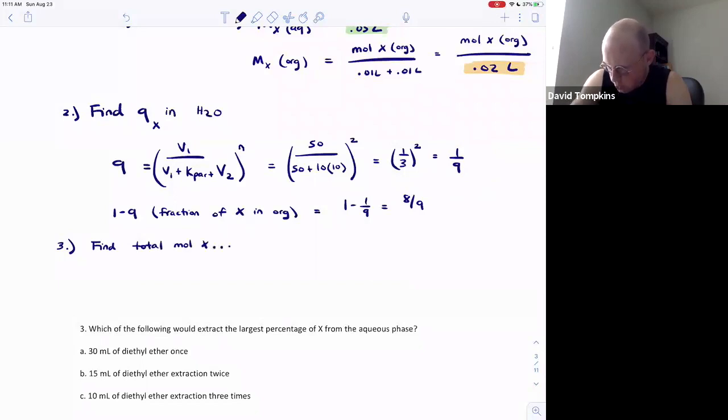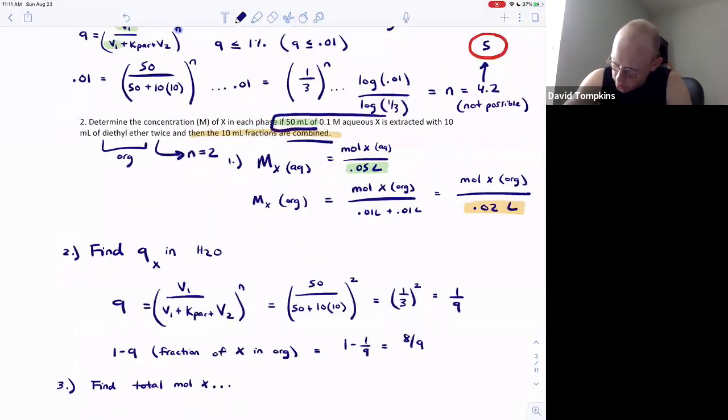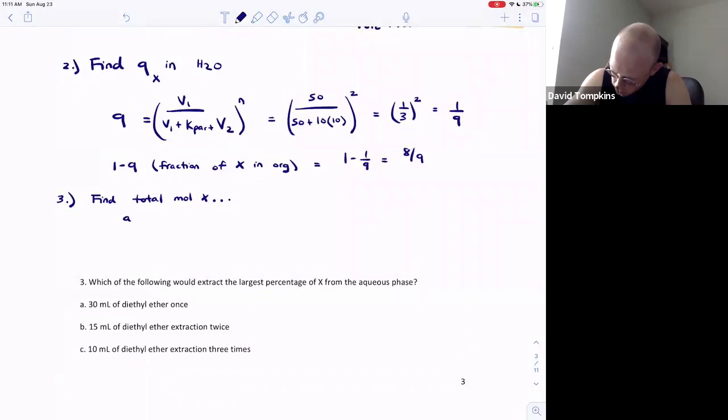So the total moles of X. X originated only as an aqueous solute. It was 50 mL, 0.1 molar. Because it only originally was in the aqueous phase, I can use the molarity.